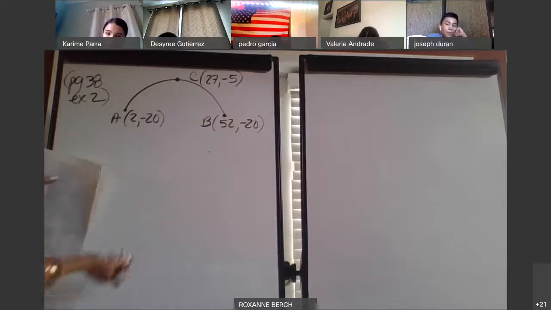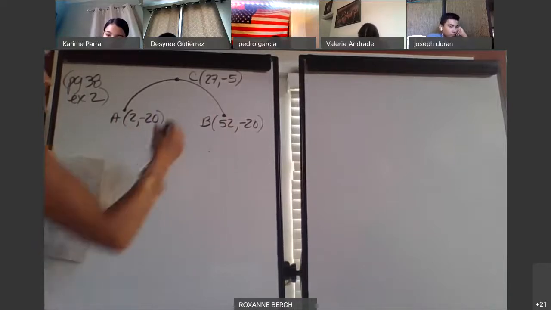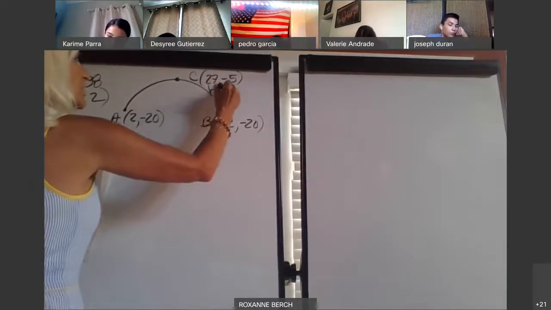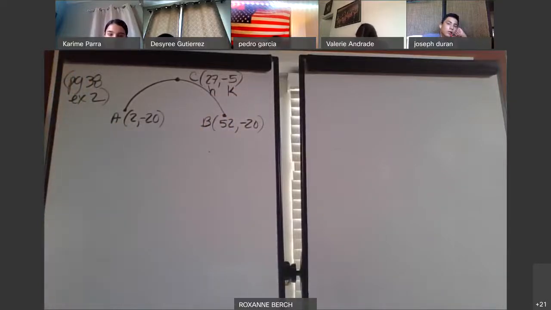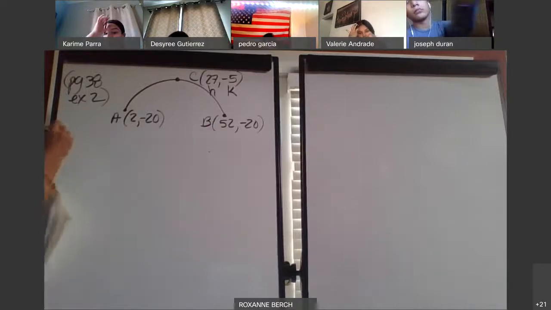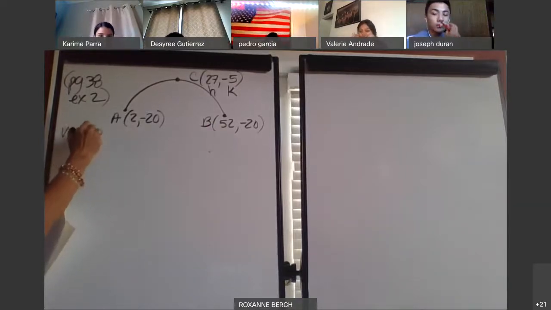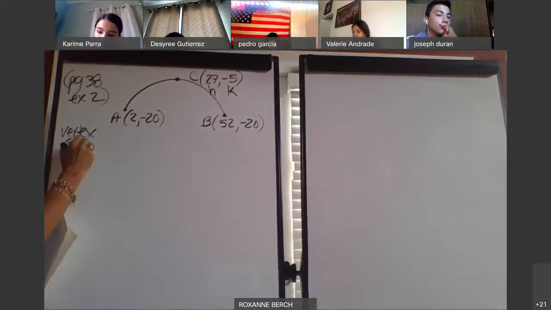Now, point C being the vertex is HK. So HK is the vertex. That's how the vertex is defined. So you might want to make a note that the vertex is defined as HK.